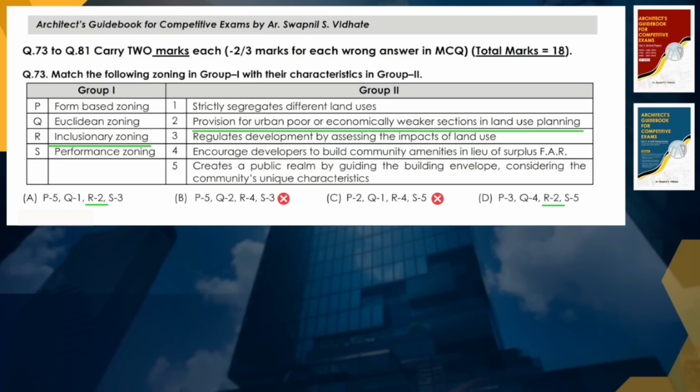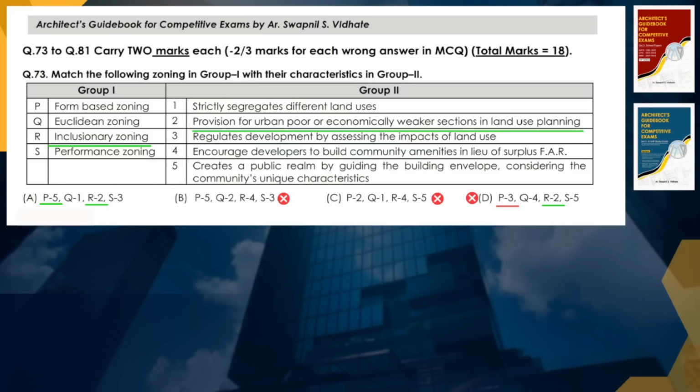So R2 is the first correct pair, right? In options B and C, they have matched R with 4, that is, encourage developers to build community amenities in lieu of surplus FAR. Now, this is not something which is called inclusionary zoning. So R2 is the correct option, and options B and C will be the incorrect ones.